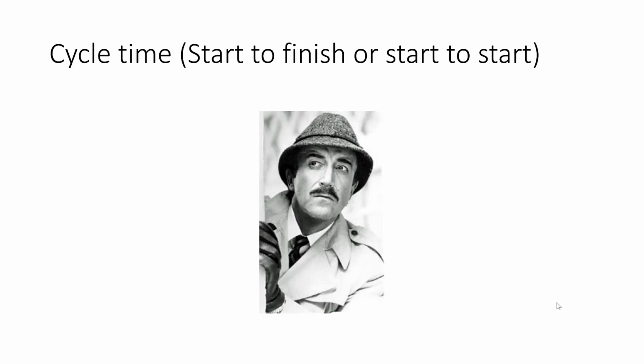So some people will time from the time something starts in requirements to the time something ends in requirements, right? So I pulled it in, I worked on it, and then I was done with it, and that's my cycle time. Maybe. You can also say cycle time is all the way to when you can pull another thing in, right? So there may be other pieces of work that you have to do in order to pull. So one is start to finish and one is start to start.